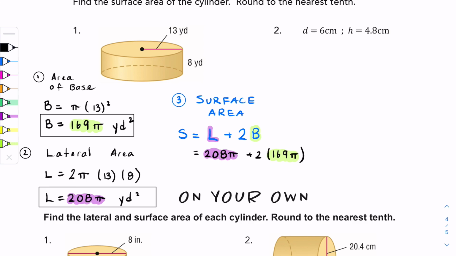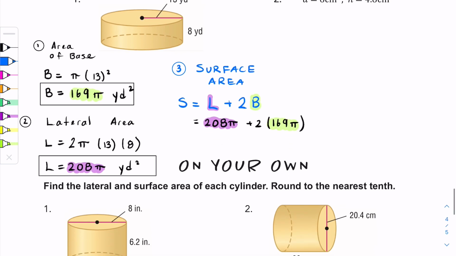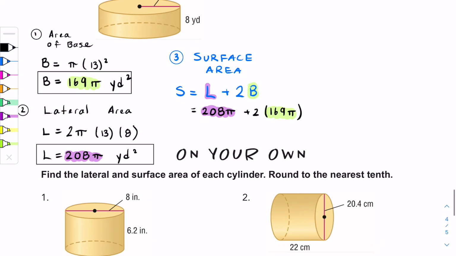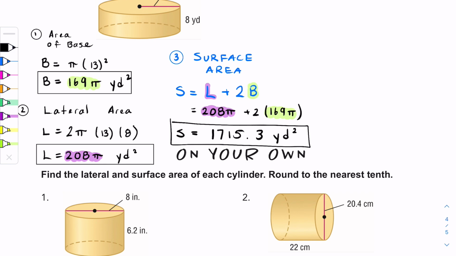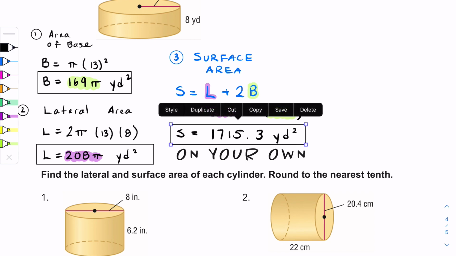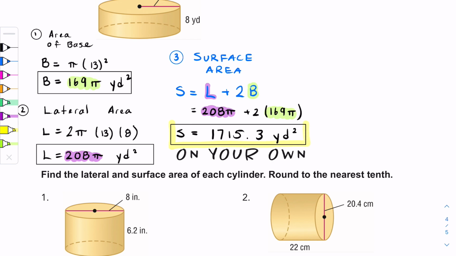Type this into my calculator and I round to the nearest tenth based on what the directions say. And my surface area is 1,715.3 square yards. So I did not round my value of pi until that absolute last step, and that's what I suggest all of you do as well.